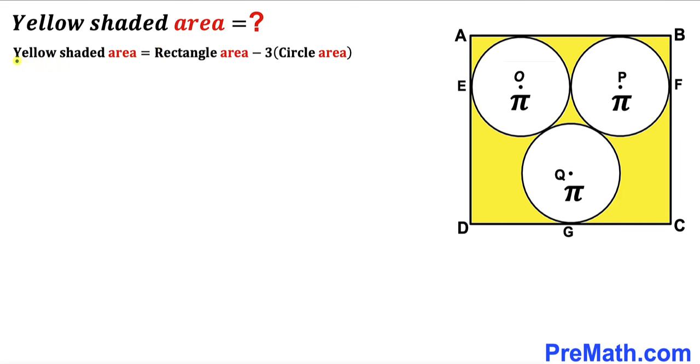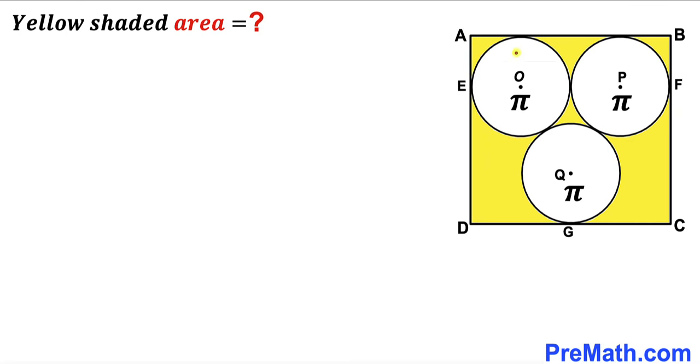The area of this yellow shaded region is going to be equal to the rectangle ABCD area minus the area of all those three circles, as you can see in this given equation. We know the area of the circle is pi square units. So now our task is to calculate the area of this rectangle ABCD.